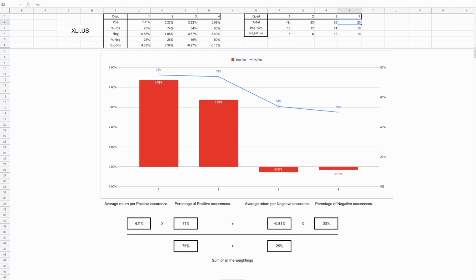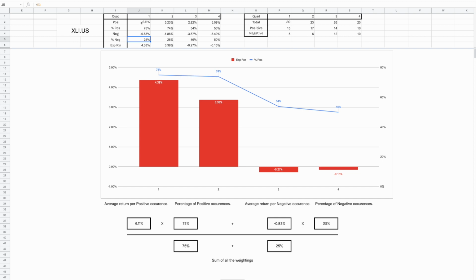And then you split those down into how many were positive, so how many had a positive return, and how many had a negative return, okay? So for us, as we're doing the calculation down below for quad 1, there's 15 positive quad 1s and 5 negative quad 1s, okay, which gives us a percentage positive of 75% and negative of 25%, okay?